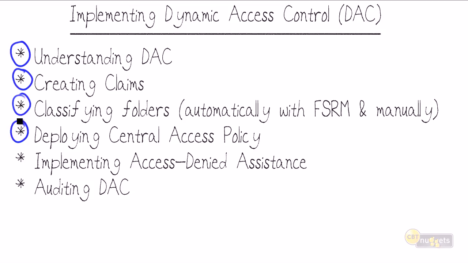We understand the central access rule, the central access policy, how those get made available to our file servers. We know how to customize access denied assistant messages to help our users when they do run into problems, and we understand the auditing enhancements with conditional logic and giving us more information with regard to user logons and object access. Good stuff here.